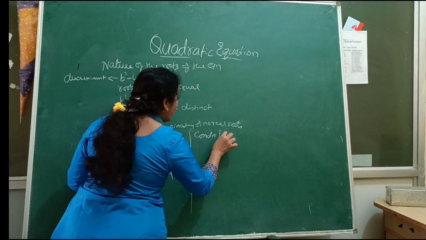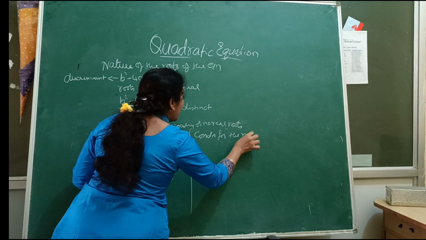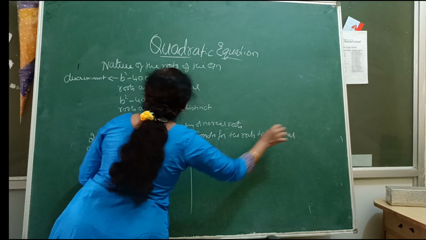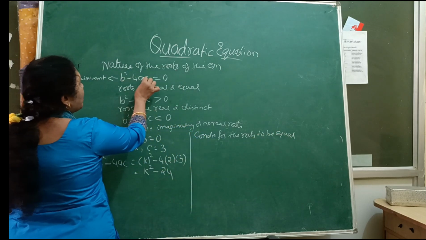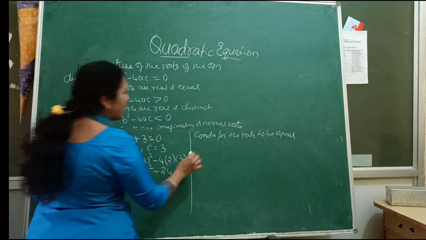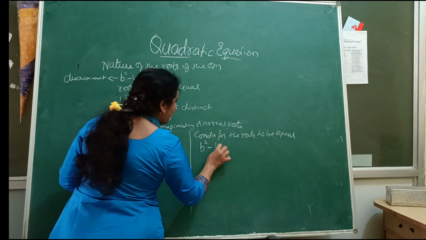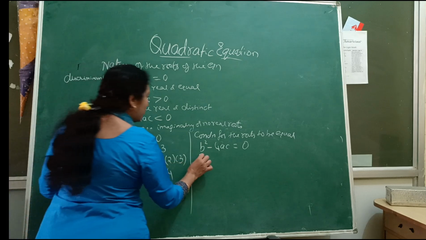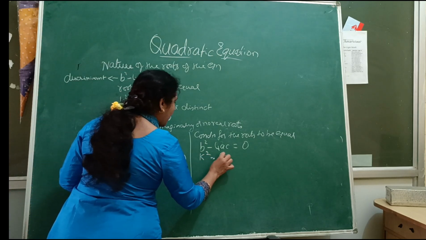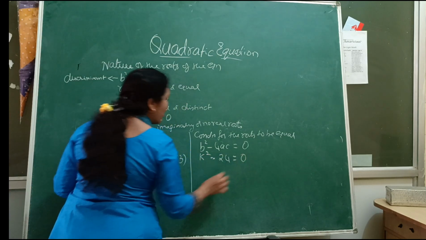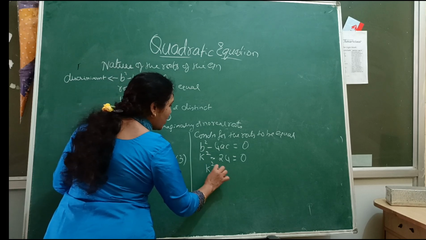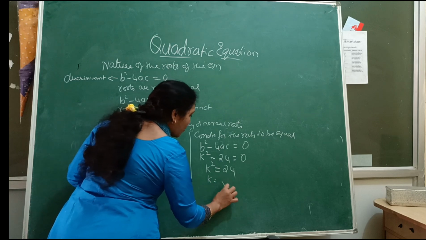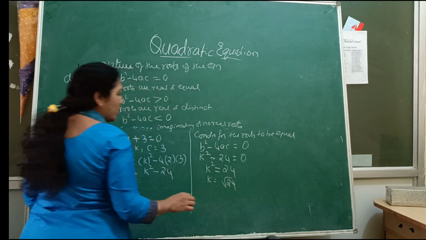So the condition for the roots to be equal is what? b square minus 4ac should be equal to 0. So I have got k square minus 24 is equal to 0. So k square is equal to 24. k is equal to square root of 24.